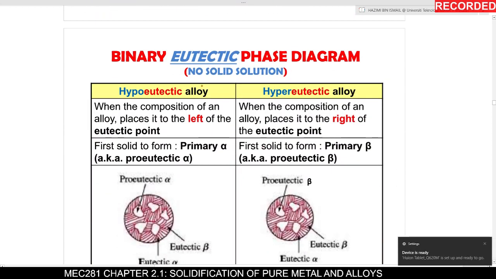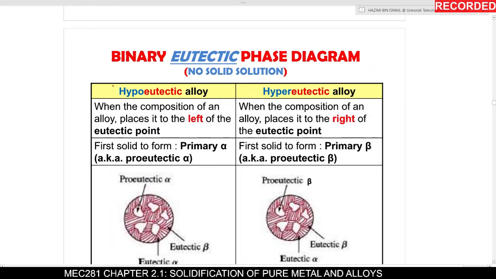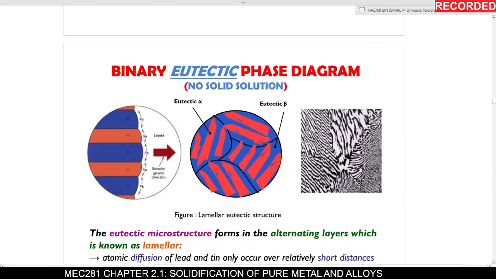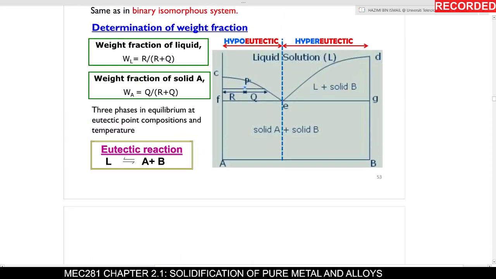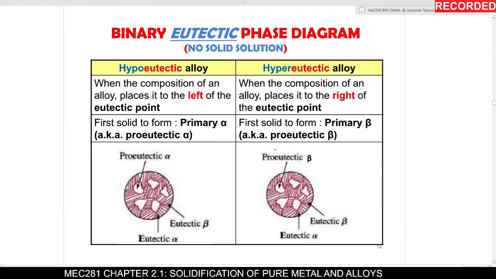But we know we have two types of eutectic in this diagram, right? On the left side is hypo and the right side is hyper. So the microstructure of solid A and solid B found here is quite different. What is the difference between them?